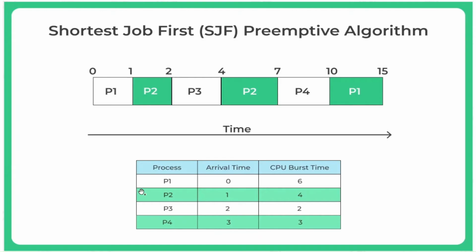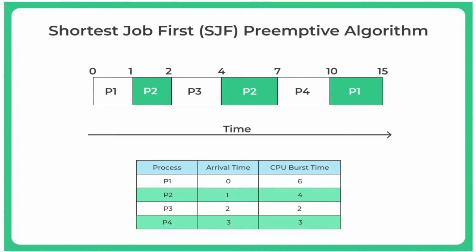Why 1 millisecond? Because look at the arrival time of P2. At 1 millisecond, we have two processes in the priority queue, which are P1 and P2. So P1 has executed 1 millisecond already. So the remaining burst time will be 5 for P1, and P2 has just arrived and it has 4 milliseconds.